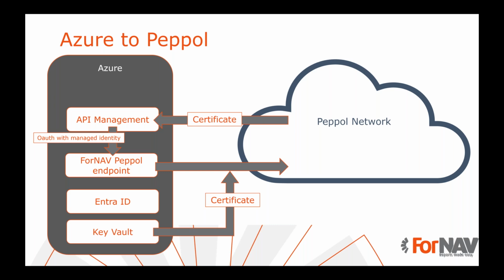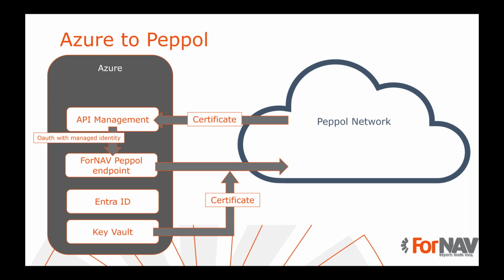And all of the bits inside Azure are secured by OAuth with the Azure Managed Identities. So nothing inside Azure is even open or accessible to anything from the outside. That's only accessible to our own Azure bits. So the outgoing documents go from our 4NAV Peppol endpoint into the Peppol network, and that is also secured by a certificate.